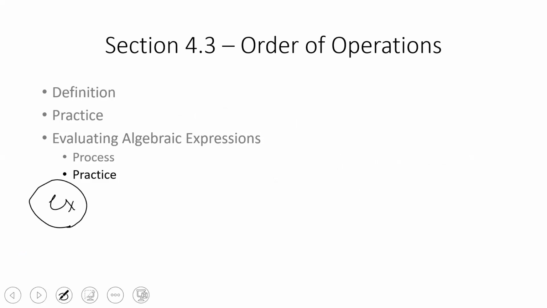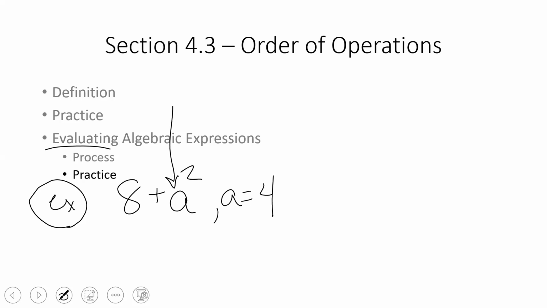So let's start with 8 plus a squared. Notice before we did not have variables, but now we do. So we're introducing any type of letter into this expression. In order to evaluate it, we have to be given some value for that variable. So we're being told here that a is 4.